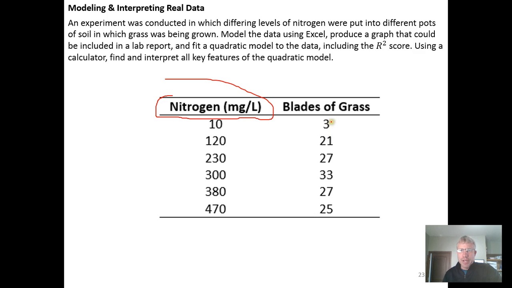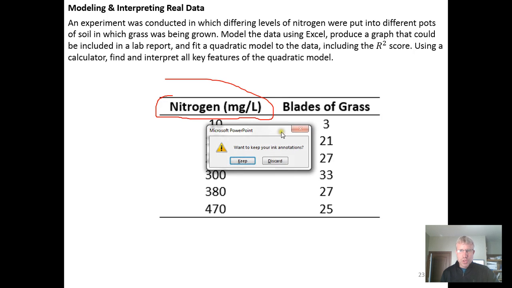What we're measuring as our outputs are the blades of grass produced as a function of the amount of nitrogen added to the soil. The first step is to make a scatter plot of this data using nitrogen as the input and blades of grass as the output, and we're going to do this using Excel.